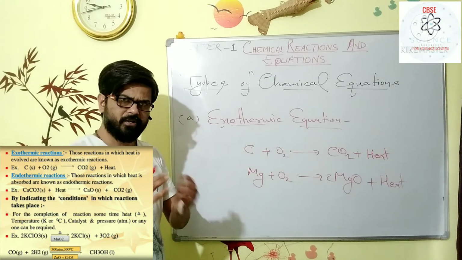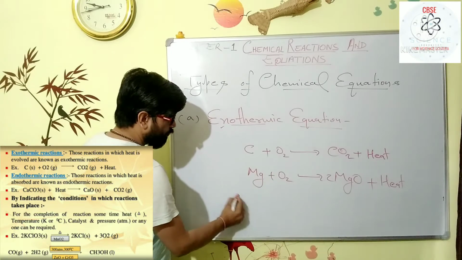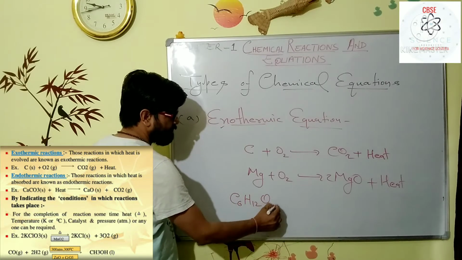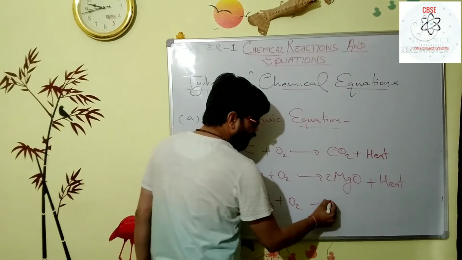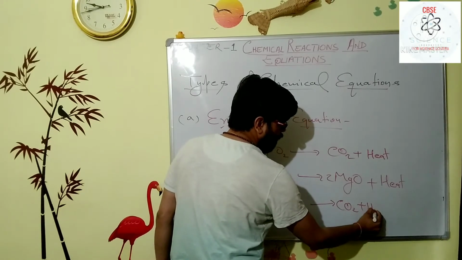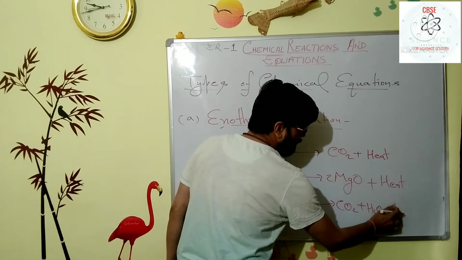respiration. During respiration, what happens? Generally, the food in the form of glucose, C6H12O6, is oxidized to form carbon dioxide and water, and a great amount of energy is liberated.